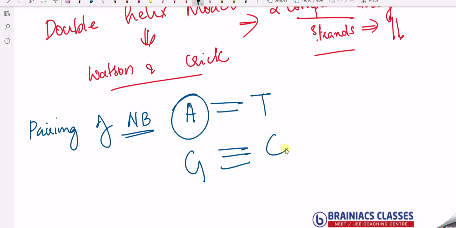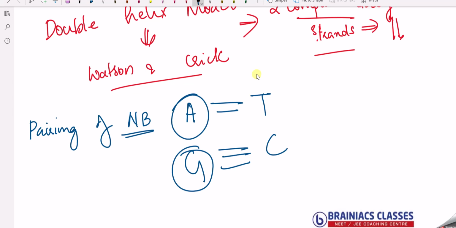Understand? And what is this line that I have drawn for adenine and guanine? They are the hydrogen bonds, which keep them together, right? Between adenine and thymine you have two hydrogen bonds, and between guanine and cytosine you have three hydrogen bonds.